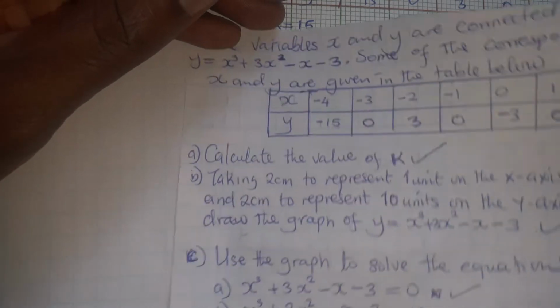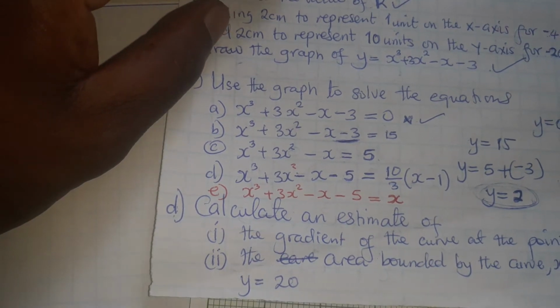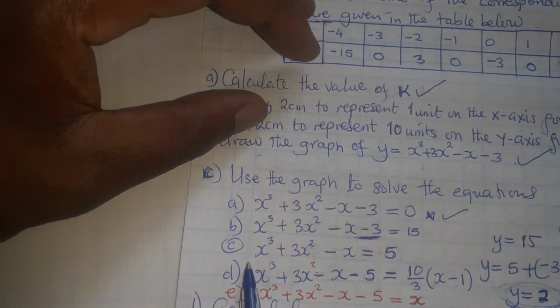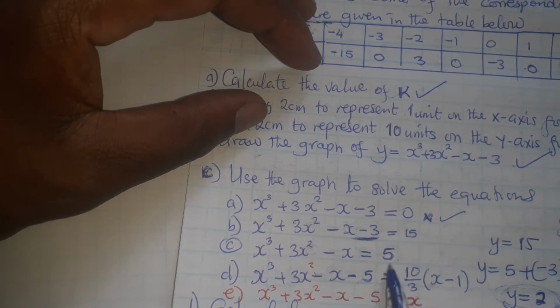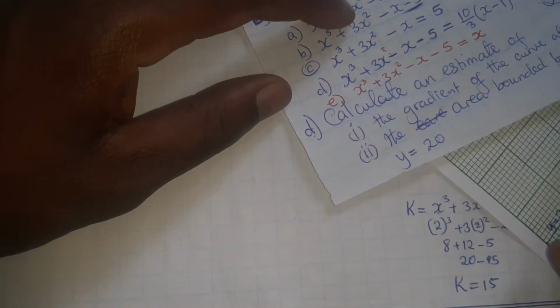We're going to the last one, or the second last, on the part of equations. Okay, so what have you seen here? We're looking at this one. The whole equation here has been written as it is from the original question, but the position of y has been taken by what?